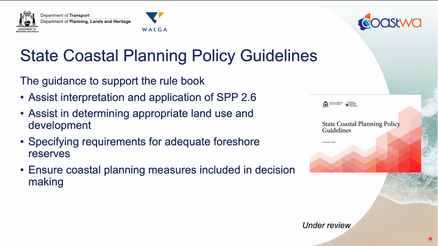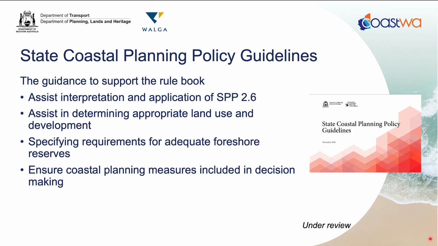Underpinning SPP 2.6 is a set of guidelines, the State Coastal Planning Policy Guidelines. It's essentially the document that provides the information that supports the policy. So it's there to assist in the interpretation and application of SPP 2.6. It's there to assist in determining appropriate land use and development, in specifying requirements for adequate foreshore reserves, and ensuring coastal planning measures are included in decision making.